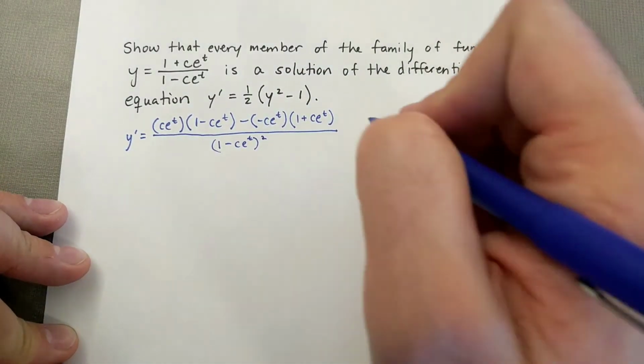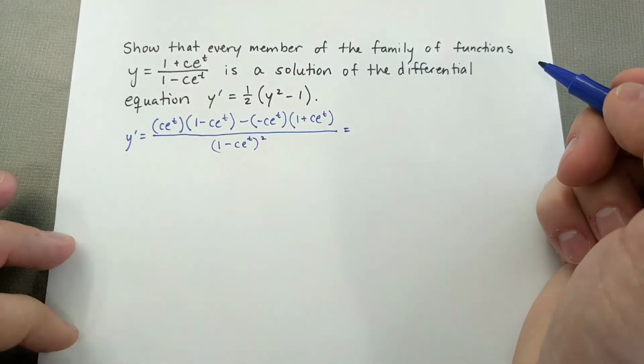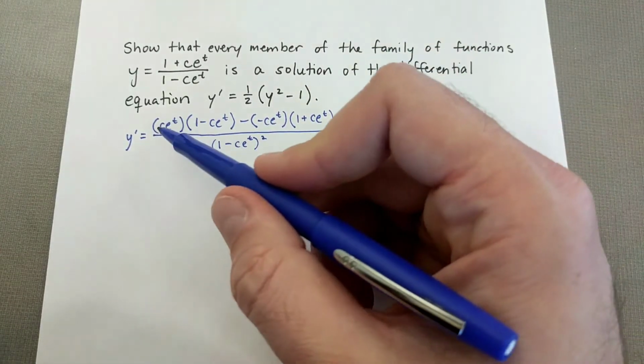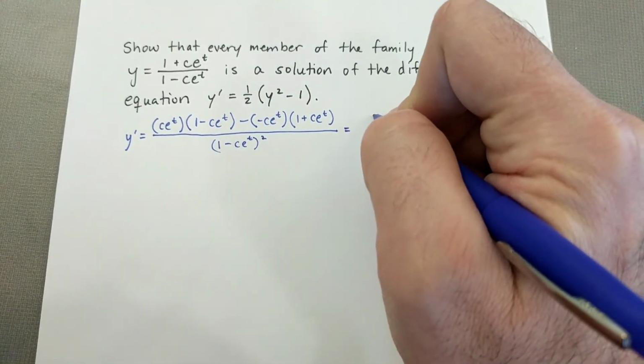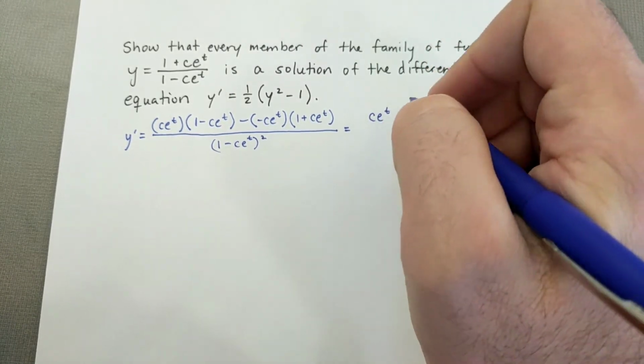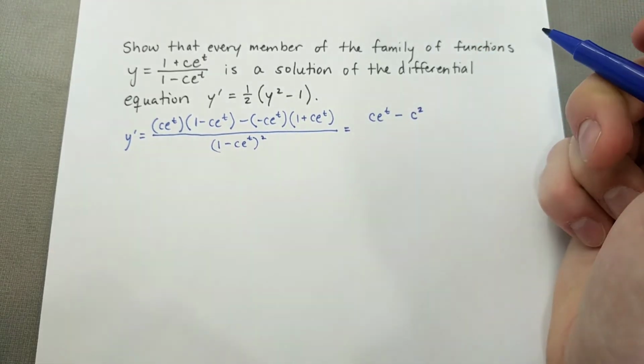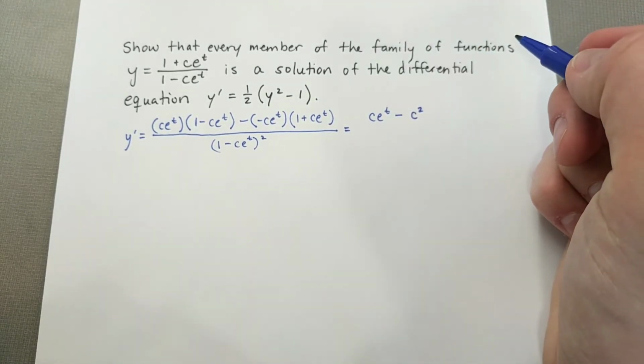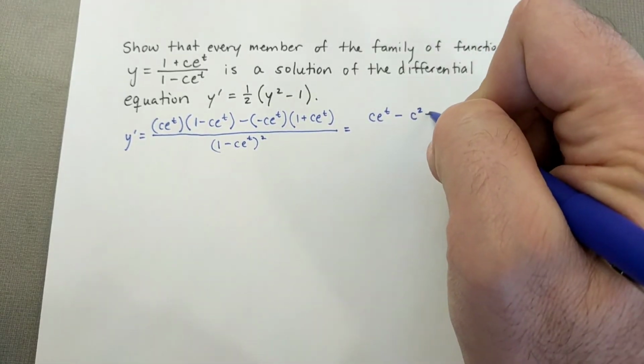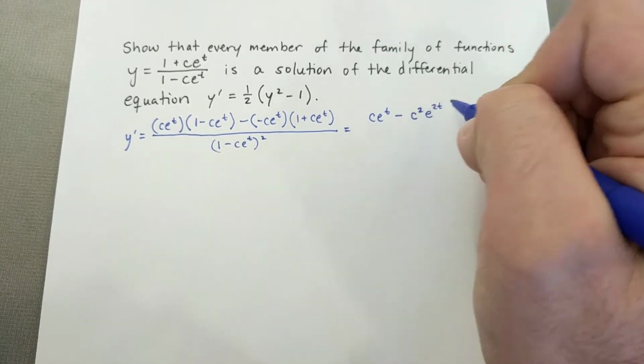Okay, so let's simplify this before we move forward here. So I'm going to go ahead and distribute. So we got c e to the t minus c times c is c squared. E to the t times e to the t is e to the t squared, or e to the 2t.